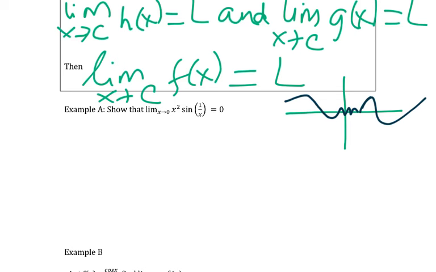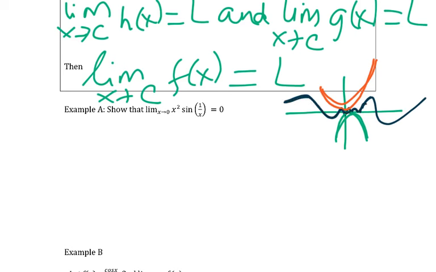So the idea is that we want to find the outer functions and find the limit of those two, so that we can conclude that because the limits of the outside one and the one on the bottom are equal to 0, therefore f of x, the one in the middle right here, is also equal to 0.